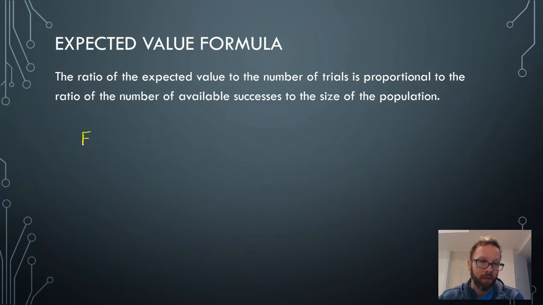So let's say the expected number of females on our committee, if you take that ratio divided by the total number of people in the group, it should match the original population where we had 12 females. So that's the number of people in our success group divided by the total number of people, 20.